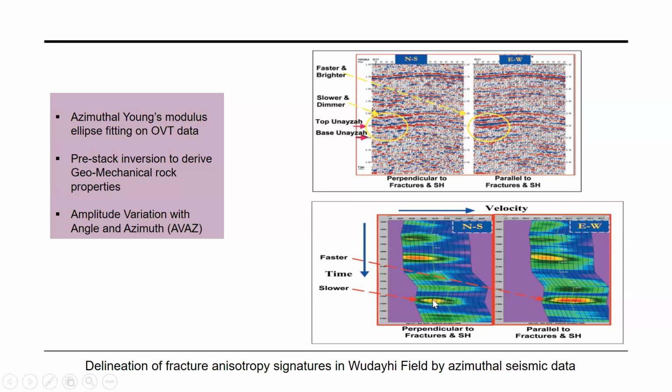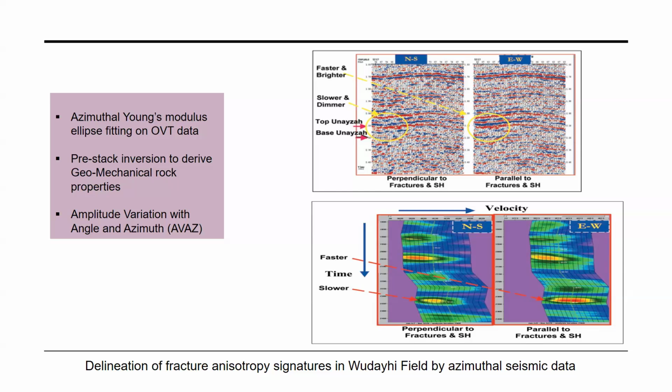The velocity has become slower, whereas in the same location in the east-west direction, they have found the velocity is quite high. So for a geologist or a geomodeler, the take-home message from this slide is that depending on the orientation of the fracture, the velocity does change in pre-stack domains, and that is what is getting reflected.